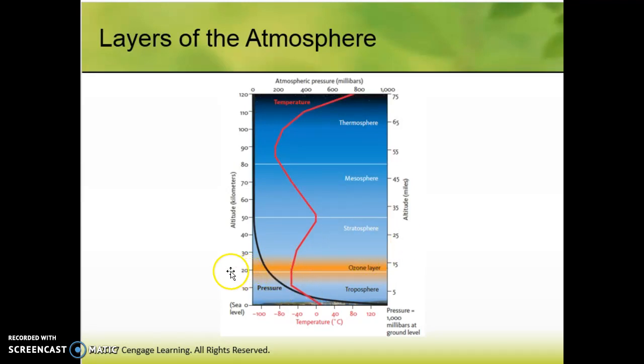Also note that there aren't specific state lines type of things. The borders between these layers are fuzzy. Essentially, wherever you hit the ozone layer, that's where the troposphere stops and the stratosphere begins.